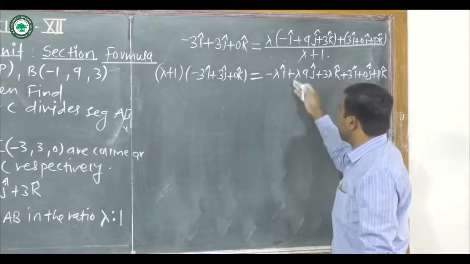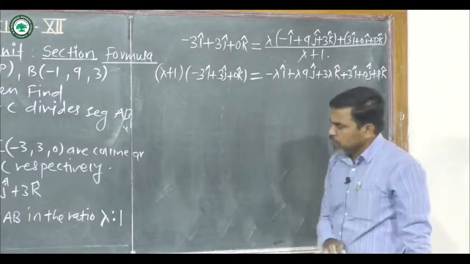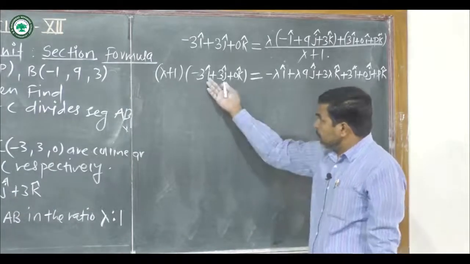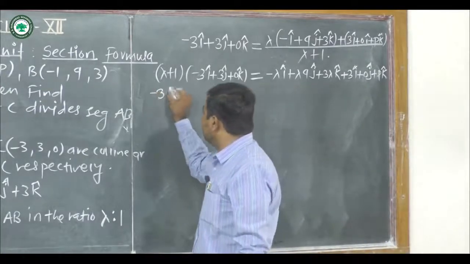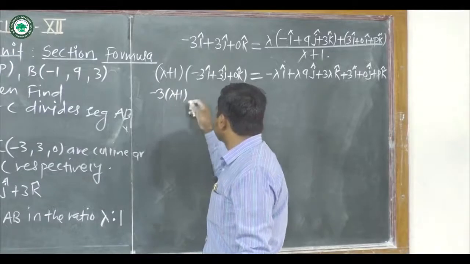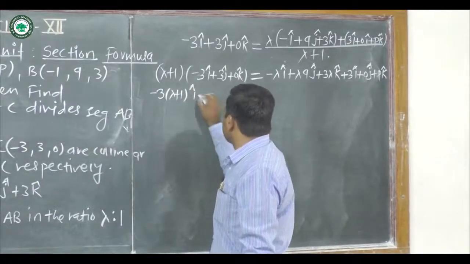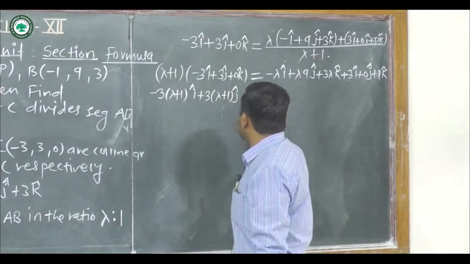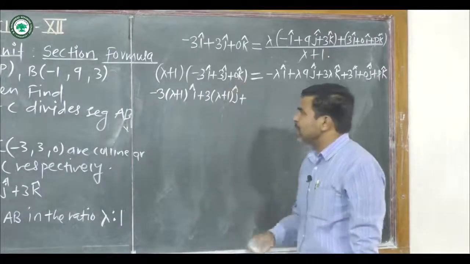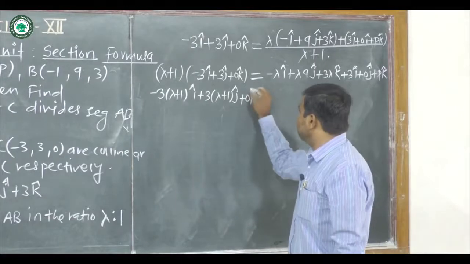Here the denominator is 1, so no need to write. Multiply the left bracket by lambda plus 1, so it is minus 3 into lambda plus 1 into i cap plus 3 into lambda plus 1 into j cap plus 0 into lambda plus 1, again 0 k cap.